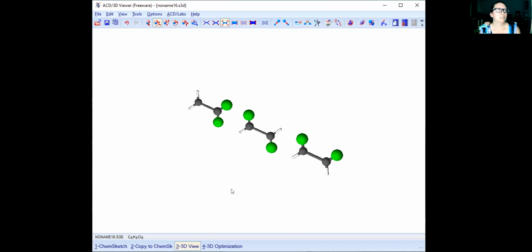Okay, so what I'm going to do is grab a lasso and clean the structure. And then I'm going to also add the hydrogens, and then I'm going to also add the carbons. So show all the carbons and make all the bonds a nice similar size.